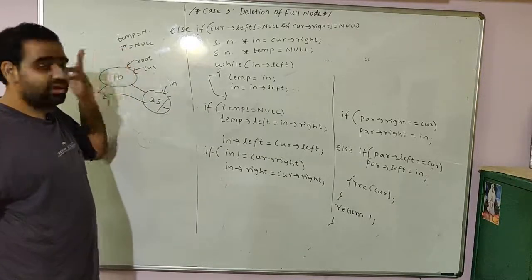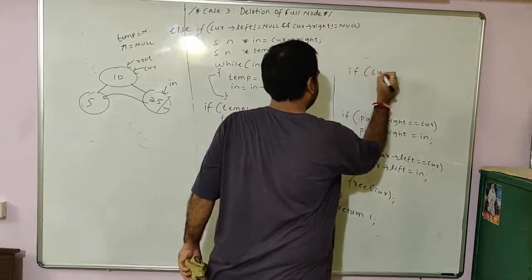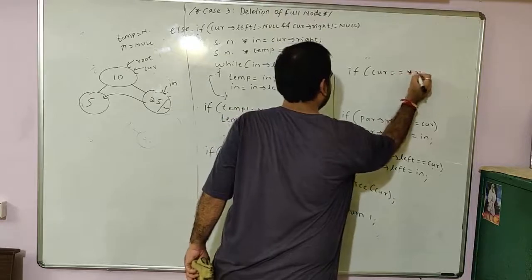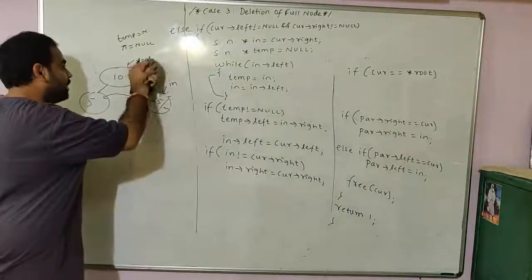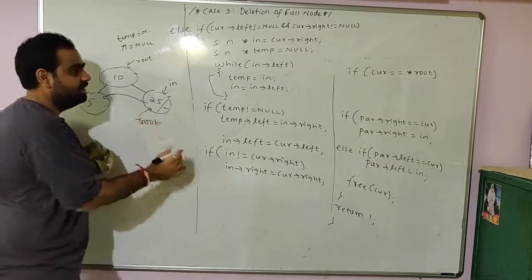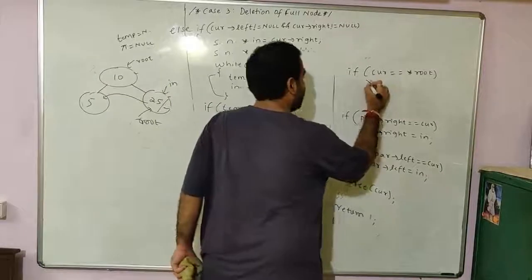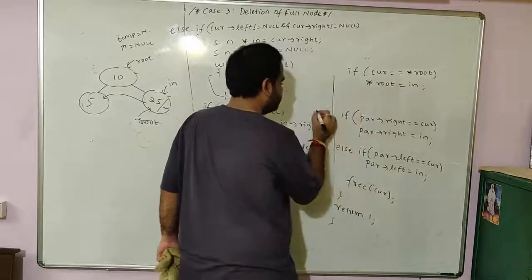Now, if parent is null, it means it is a root. Therefore, we say if current is equal root. Yes, current is equal root. Now, if current is equal to root, what should become root? This in order successor should become root, right? Therefore, what do I write? Star root is equal to in-order successor. Now, this should be else if.